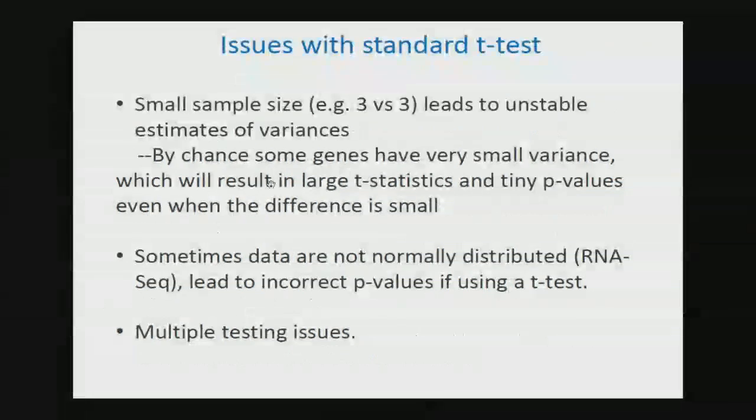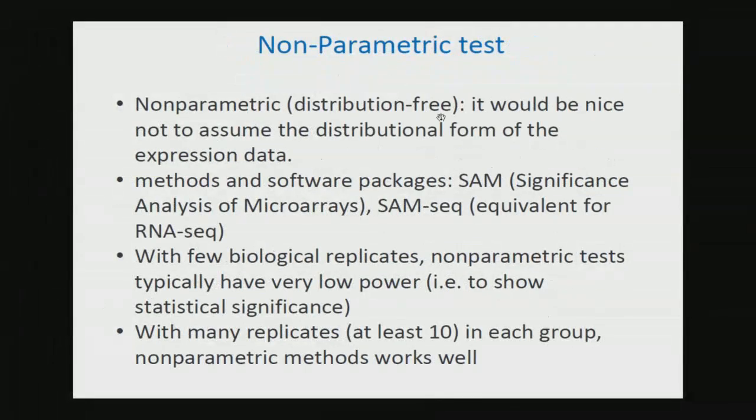One way to get around this issue would be to use non-parametric tests. That means we don't assume any distributional assumption for the expression data. There are software packages that use non-parametric tests. For microarray data, there's SAM, which stands for Significance Analysis of Microarrays, and then also the equivalent package for RNA-seq data called SAMseq.